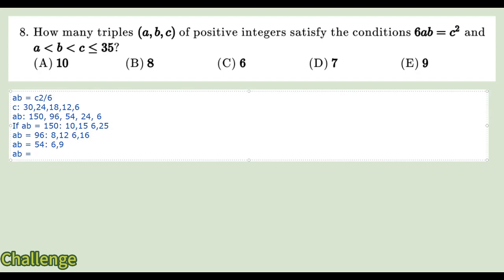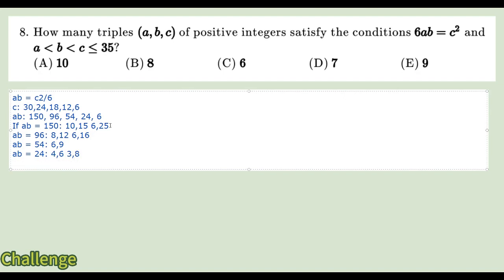Then AB is equal to 24. 4 and 6, and 3 and 8. And then AB is equal to 6. Oh wait, not 12, my bad. Yeah, 6, you get 3 and 2. Okay. And yeah, exactly. These are all of the possibilities.